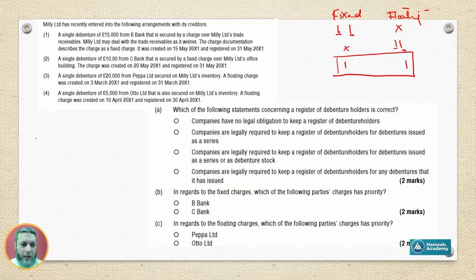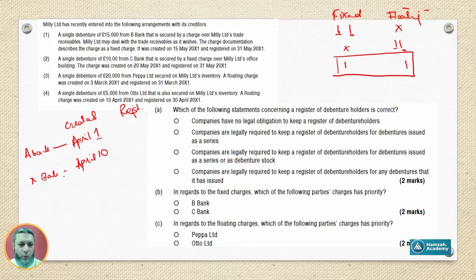For example, if on an asset charge A bank is created on April 1, and while it was not registered as yet, we get from X bank another charge on April 10th.